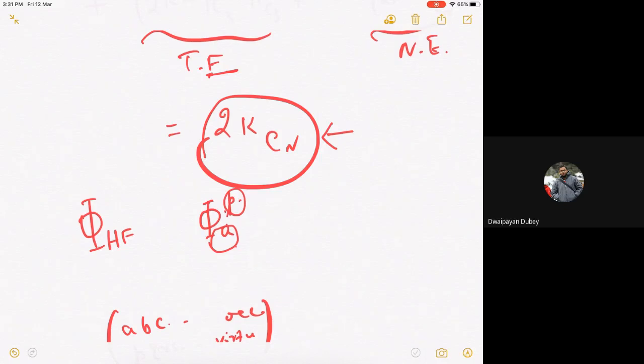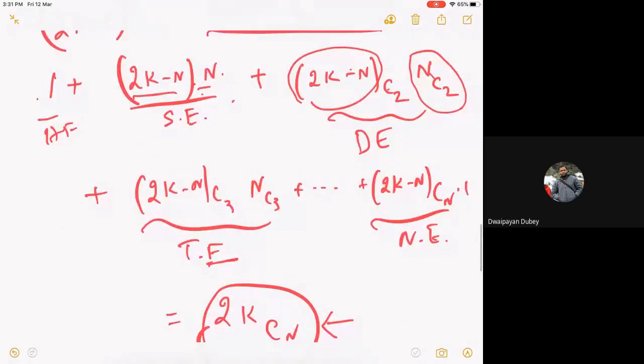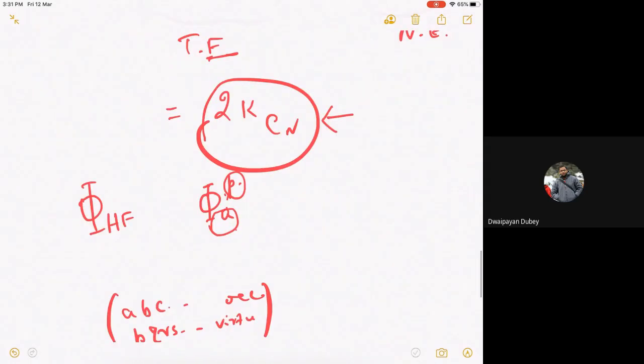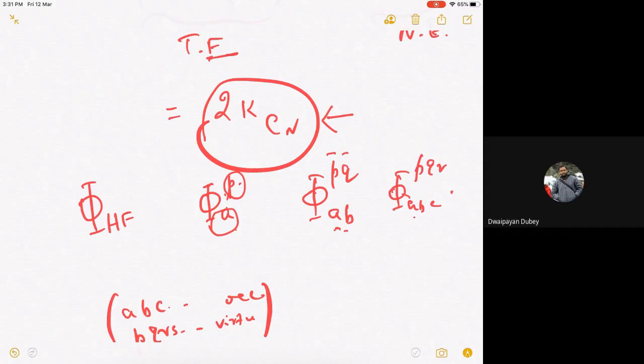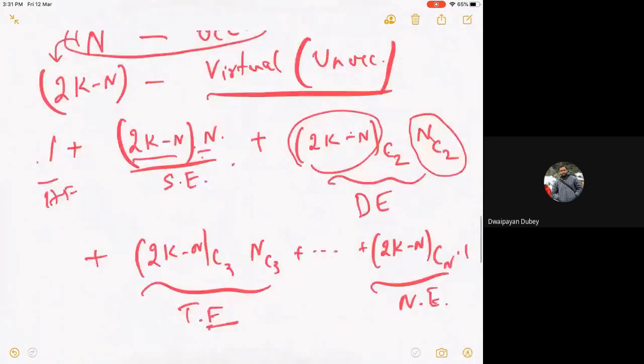It will differ from Hartree-Fock by one change of spin orbital. Then you have a doubly excited where 2 out of n will be taken out. Let me call this phi AB, PQ. A and B are dummy indices eventually because they have to be summed over, and they get distributed to some P, Q. And so on. Now we can see how to write it, A, B, C, P, Q, R, and so on, up to the n-tuply excited determinant.